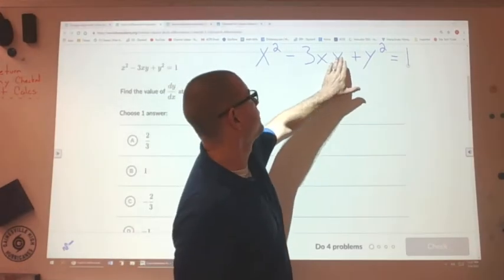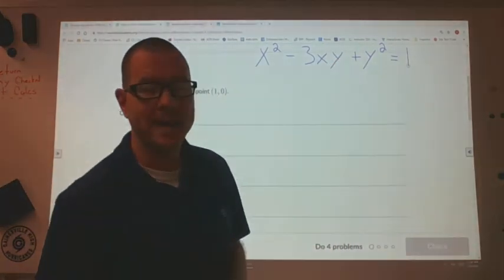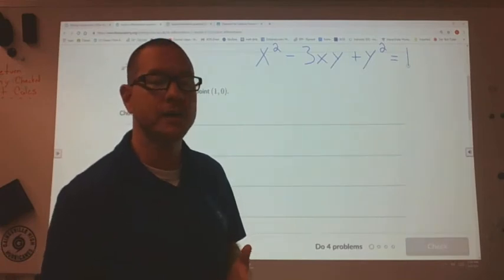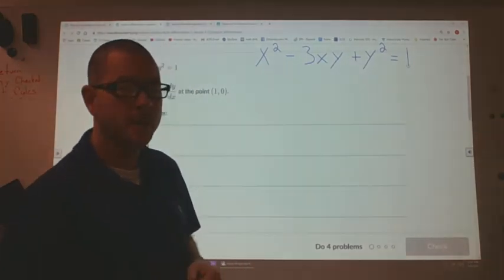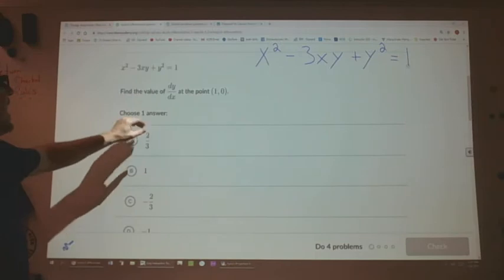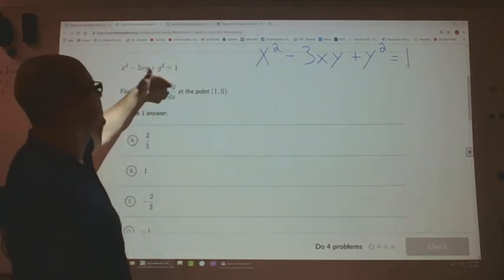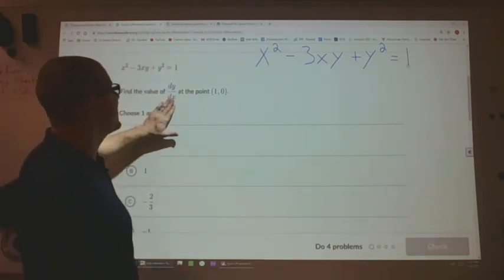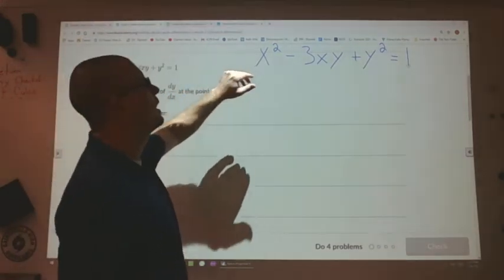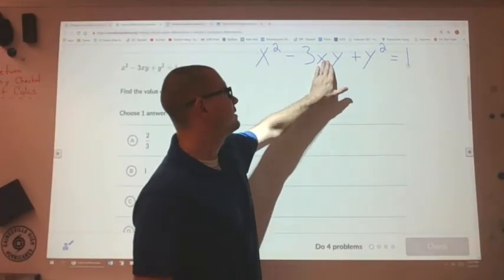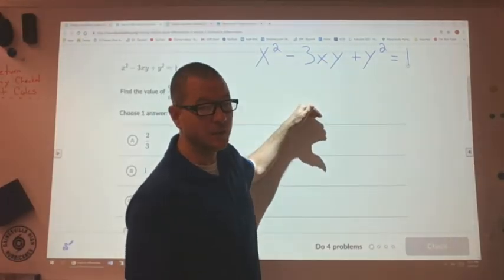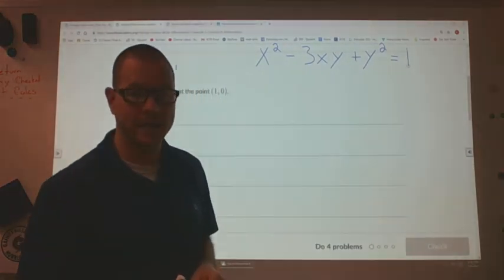If I take the derivative of y, I would represent that as y prime, the derivative of that function. But because they're asking me to find the value of dy over dx, when I take the derivative of x, I would just get dx over dx, which is 1, so it cancels.